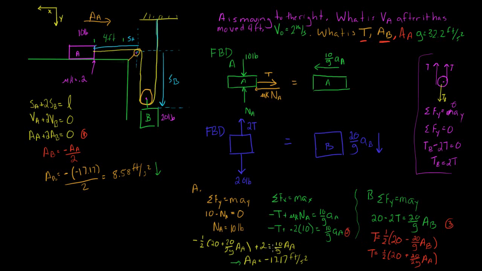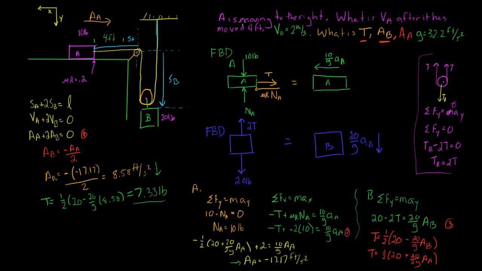If we plug it in for tension, we get tension is equal to 1/2 times 20 minus 20 over g times the acceleration of B, which is 8.58, and this is equal to 7.33 pounds. And this is what the tension in this rope is.